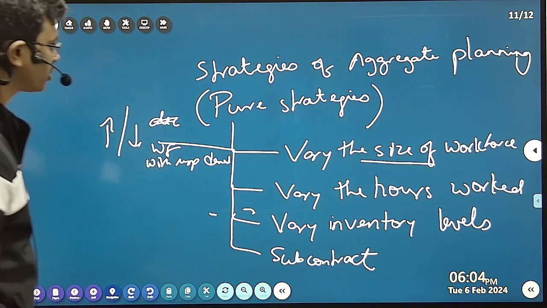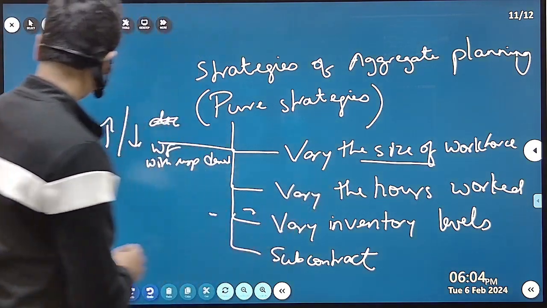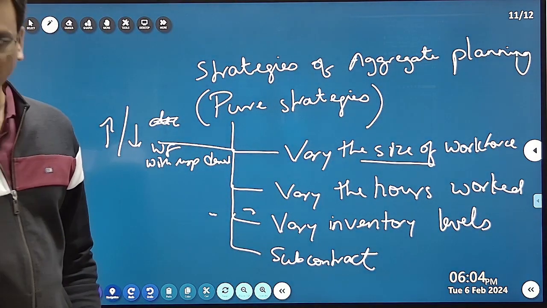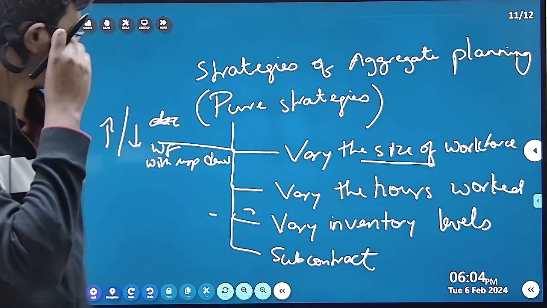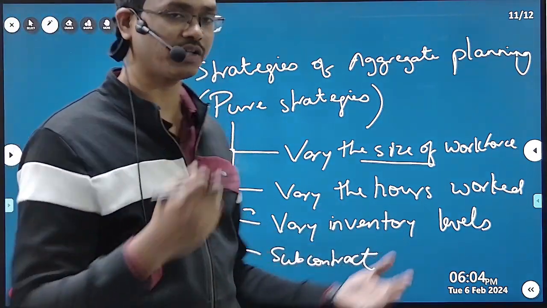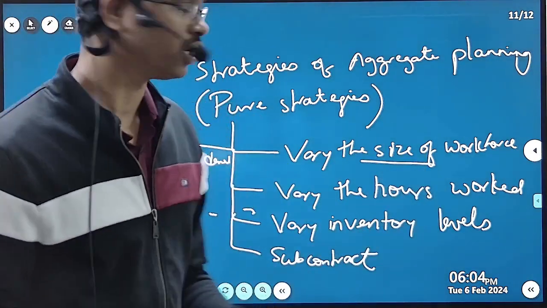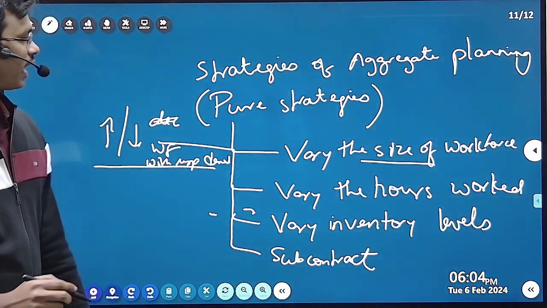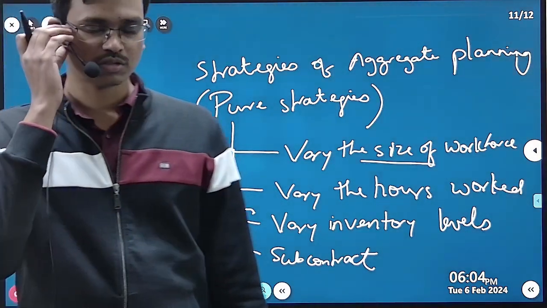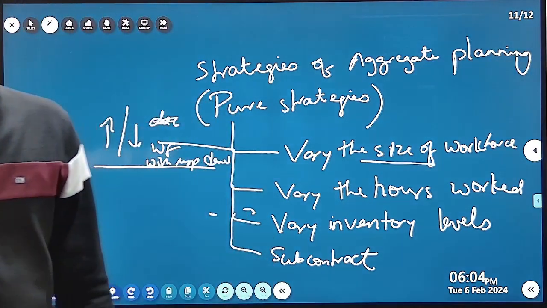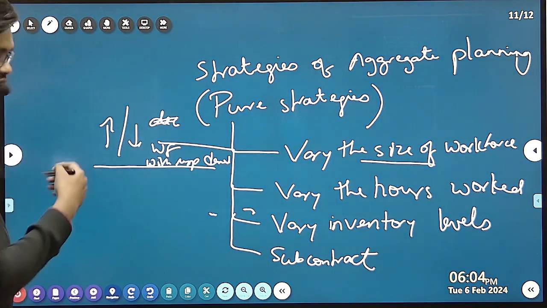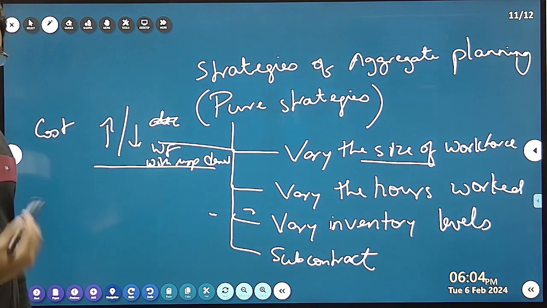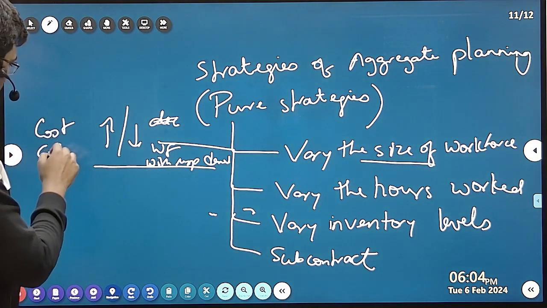So suddenly your demand increases, you hire people to meet your demand for that period. And once you fulfill that, if your demand goes down, you fire people. This process, hiring and firing people, also has costs associated with it, because if you have to recruit, you will have to incur cost, and if you have to fire people, again you will have to incur cost, right?